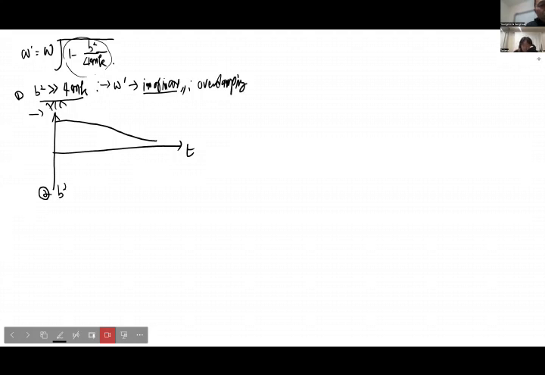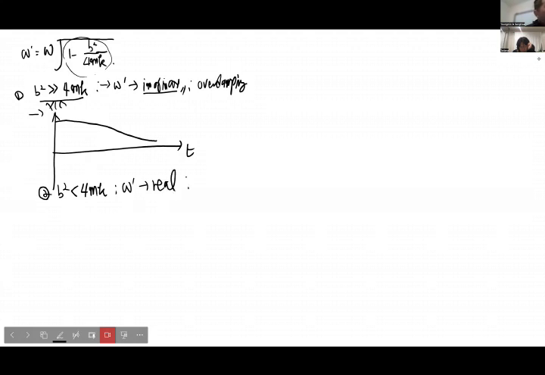And if b squared is smaller than 4mk, then the inside of this square root will be a positive number, right? Because the second term is smaller than 1, and 1 minus a number smaller than 1 will be positive. So the square root will be a real number. So that makes omega prime a real number.